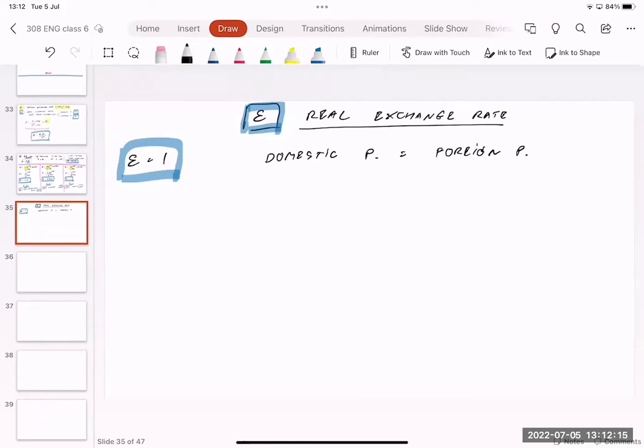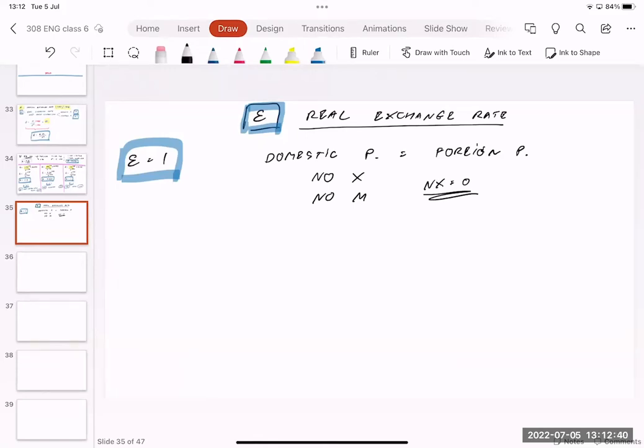So if the price is the same, we don't need to import, we don't need to export, right? Because the price is the same, we don't need to buy the product from the other country. The other country doesn't need to buy the product from us. So no export, no import, which means the trade balance always equals 0.